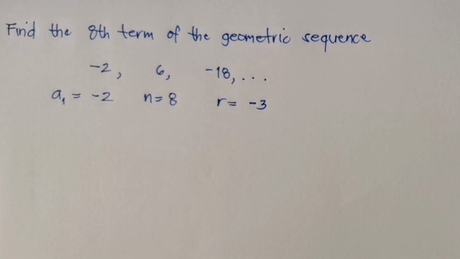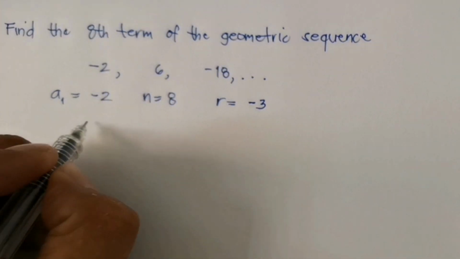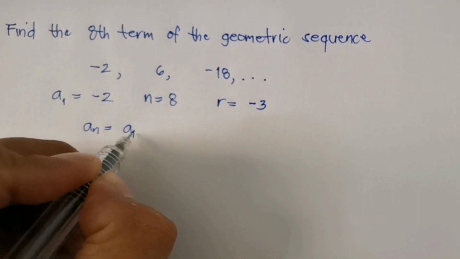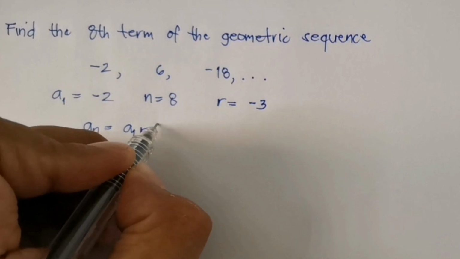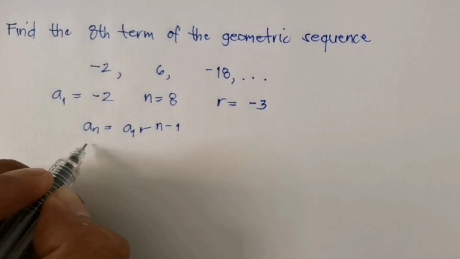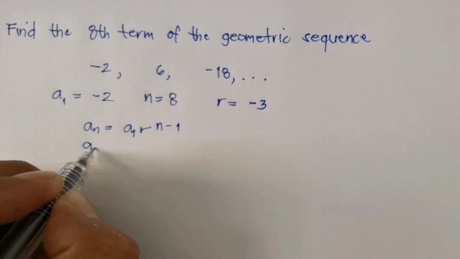Let's try to solve for the 8th term of this geometric sequence. A sub n equals a sub 1 times r raised to n minus 1. A sub n becomes a sub 8.